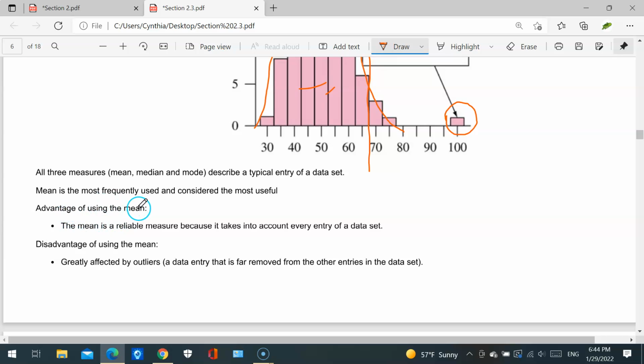Advantage of using the mean: it is a reliable measure because it takes into account every entry of the data set. Disadvantage of using the mean: it is greatly affected by outliers.